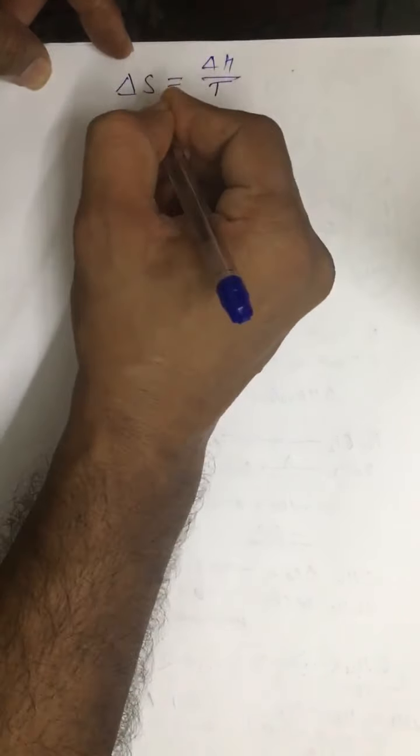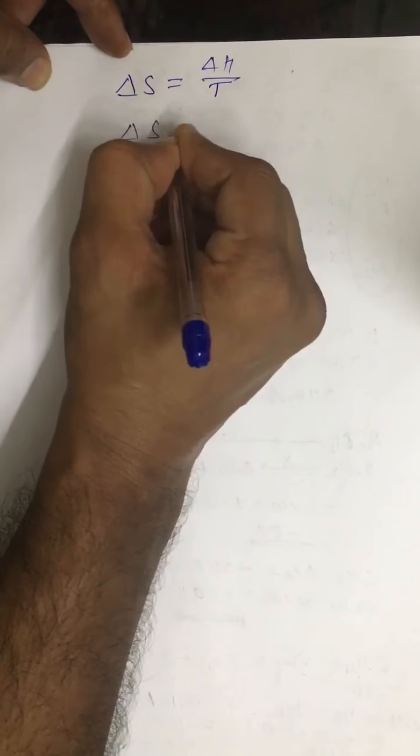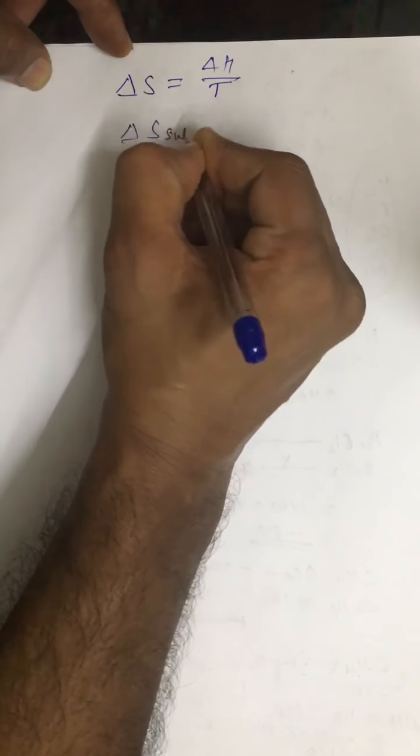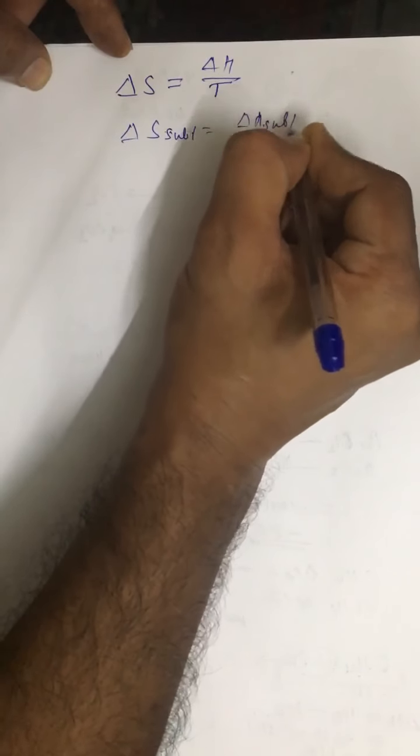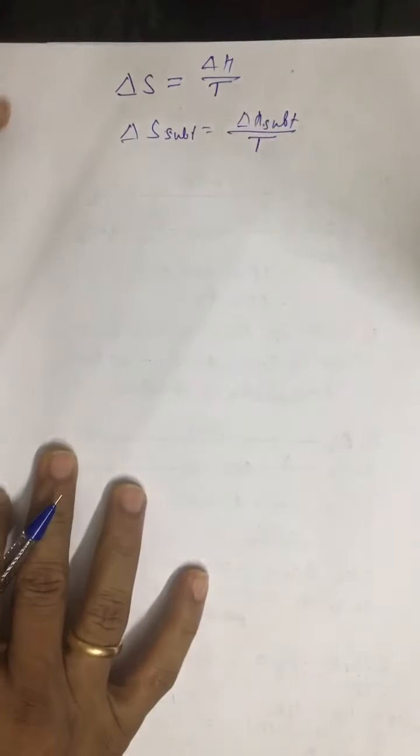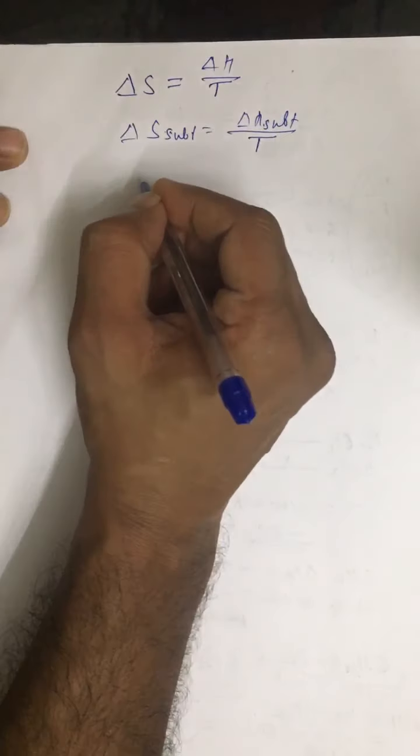And then there will be questions based on entropy, that is ΔS = ΔH/T, like ΔS of sublimation is equal to ΔH sublimation divided by T. You will find questions on this basis.